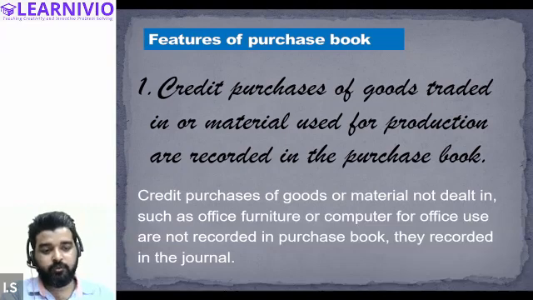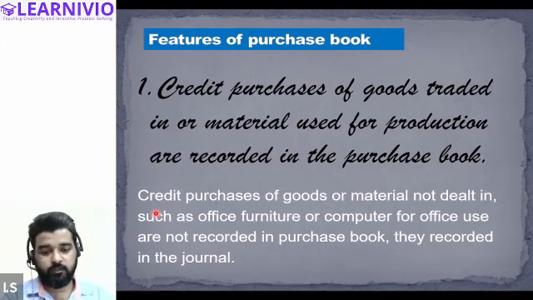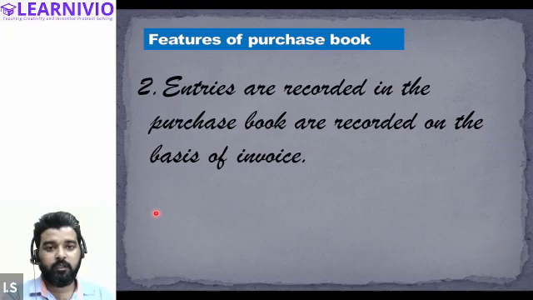And credit purchases of goods or material not dealt in, such as office furniture and computers for office use, are not recorded in the purchase book. They will be recorded in the separate book, that is, the journal proper. After that, entries are recorded in the purchase book on the basis of an invoice.